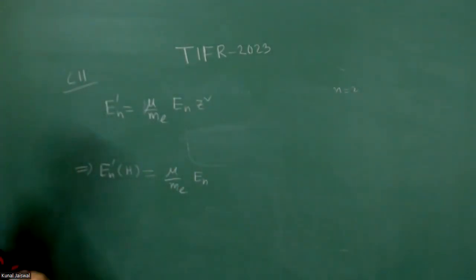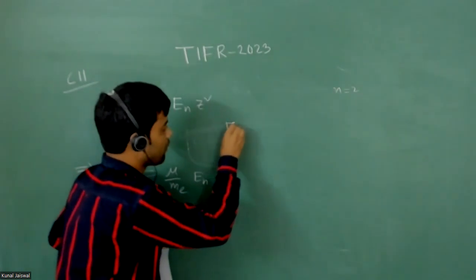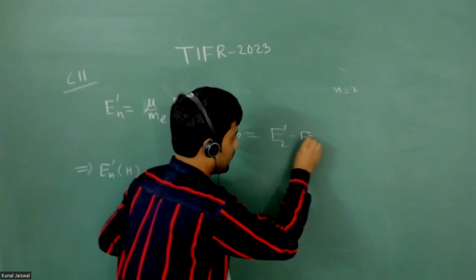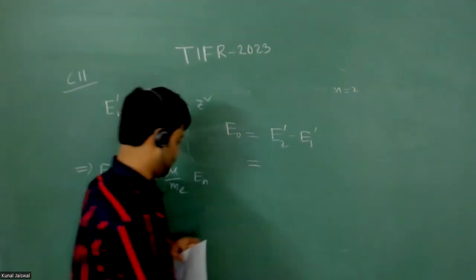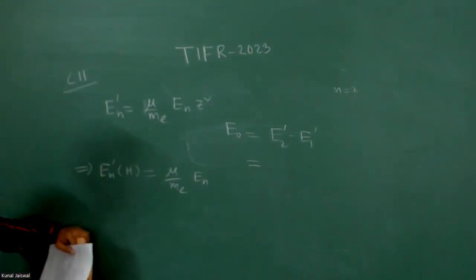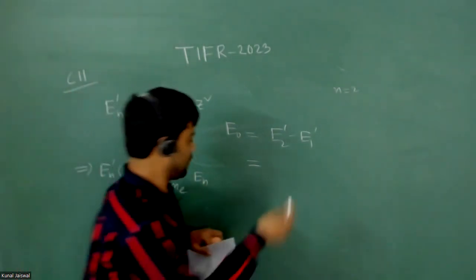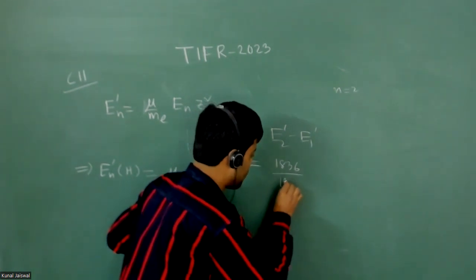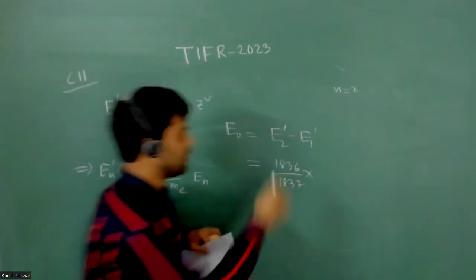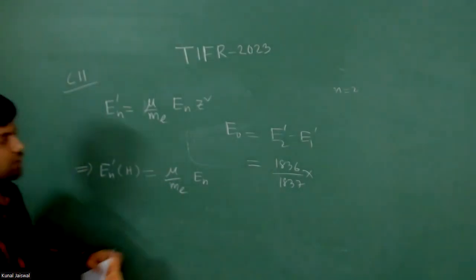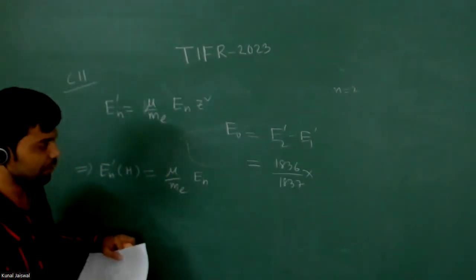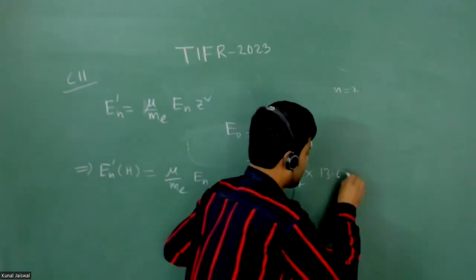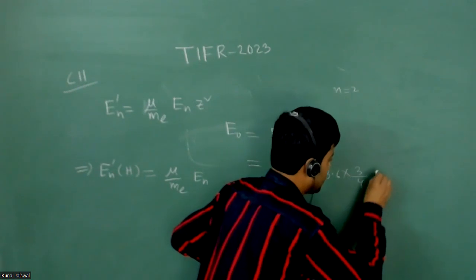Now I can define the energy separation, that is E naught of the hydrogen atom, as E2 dash minus E1 dash. If you substitute the values of mu and En, you will get 1836 divided by 1837 times E2 dash minus E1 dash. That value will be 13.6 times 3 by 4 electron volt.